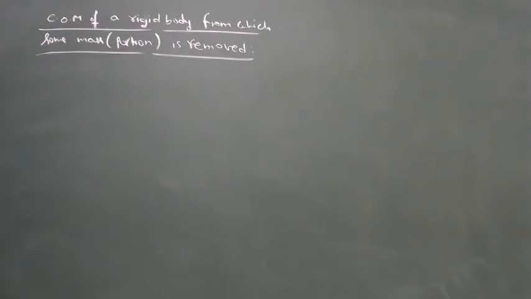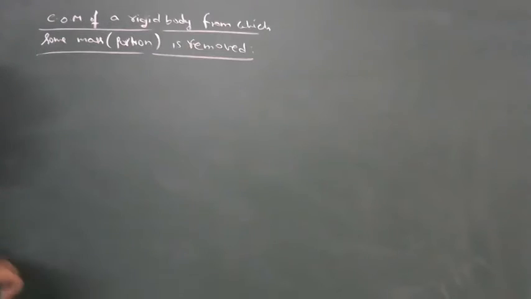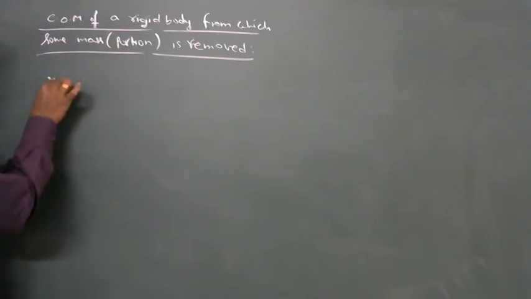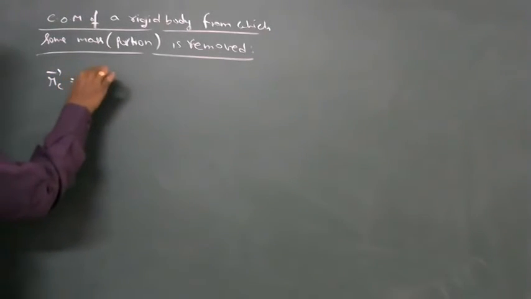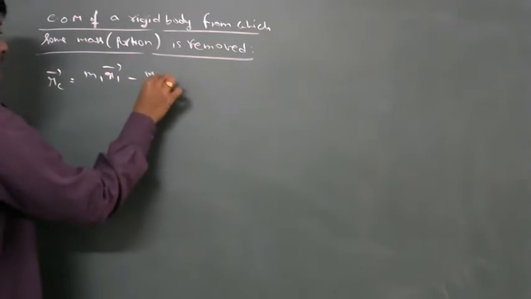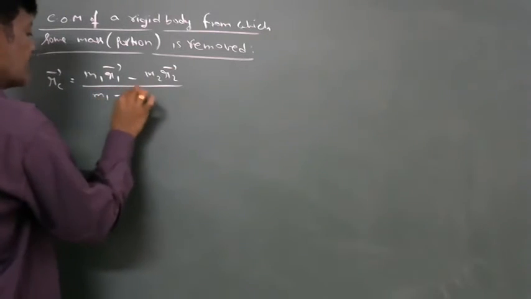Some portion is removed. Here mass is removed, which means in the formulas minus comes everywhere. So R3 bar is equal to (M1 R1 bar minus M2 R2 bar) divided by (M1 minus M2).